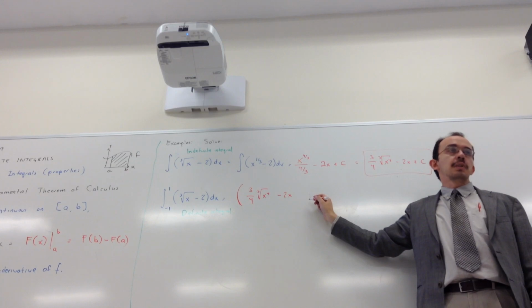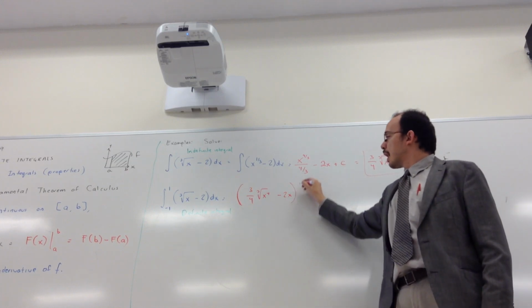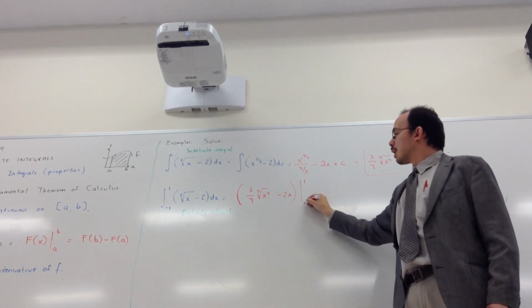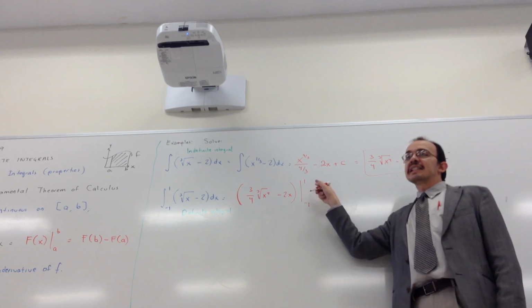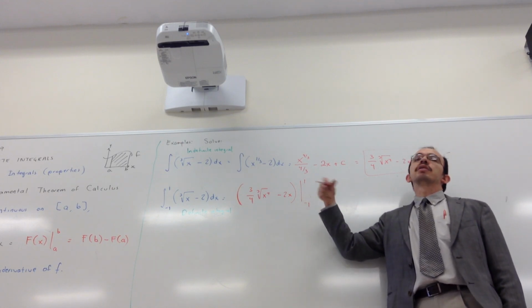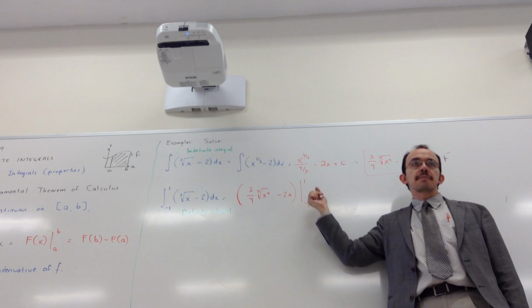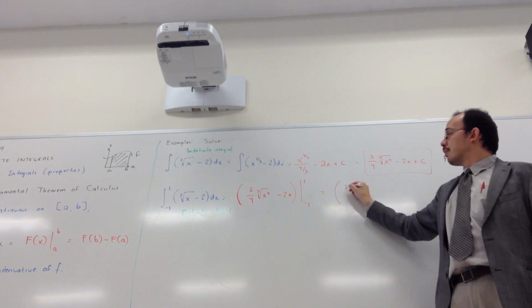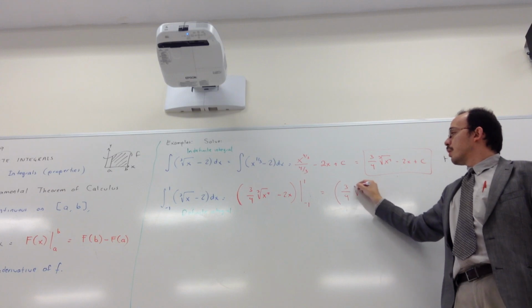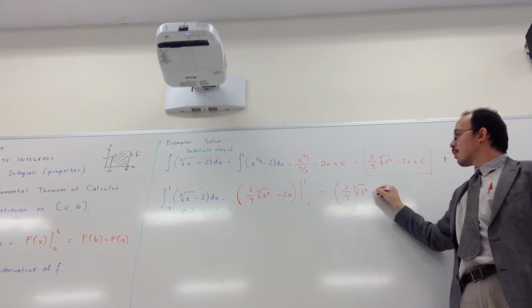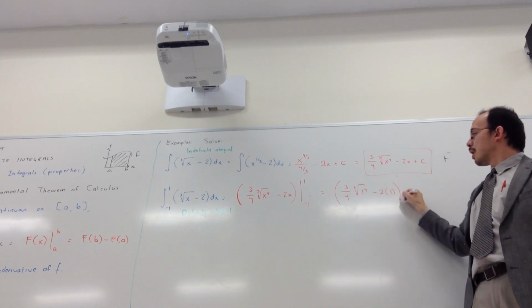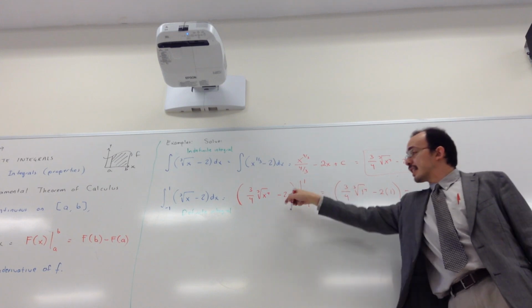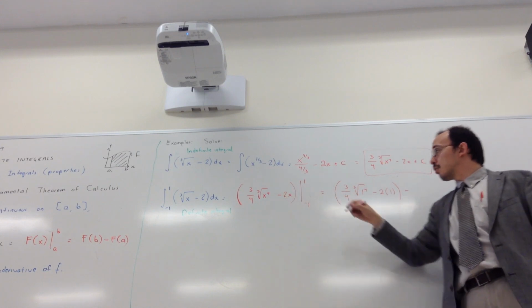There's no need to. You're going to evaluate that between 1 and minus 1. You need to add this little line, because this line means that you're going to evaluate between 1 and minus 1. And then do it. You evaluate 3/4 cubic root of 1 to the 4th power minus 2 times 1, minus the same function evaluated at minus 1.